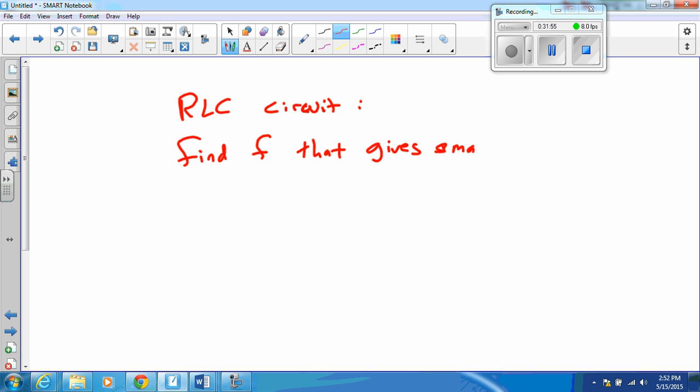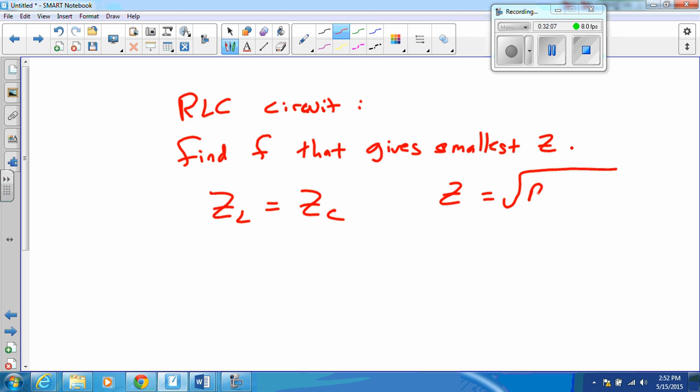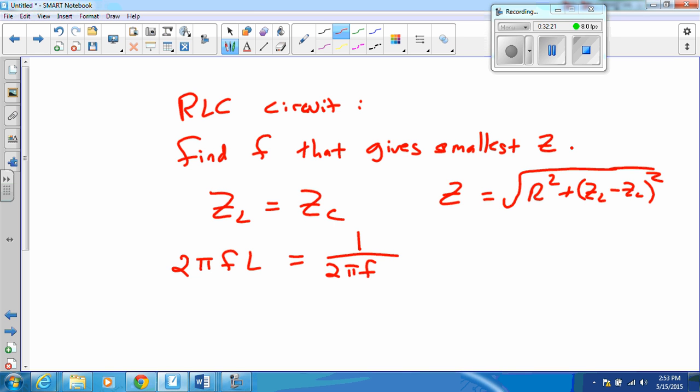In other words, it lets the most power through. Well, we've already observed that that's going to happen when ZL is equal to ZC, because that's when the impedance, which is root R squared plus (ZL minus ZC) squared, is going to be the smallest. We have a formula for ZL, that's 2 pi FL, and a formula for ZC, which is 1 over 2 pi FC.